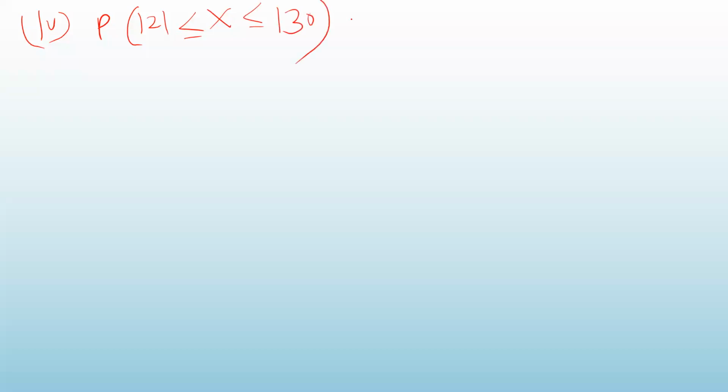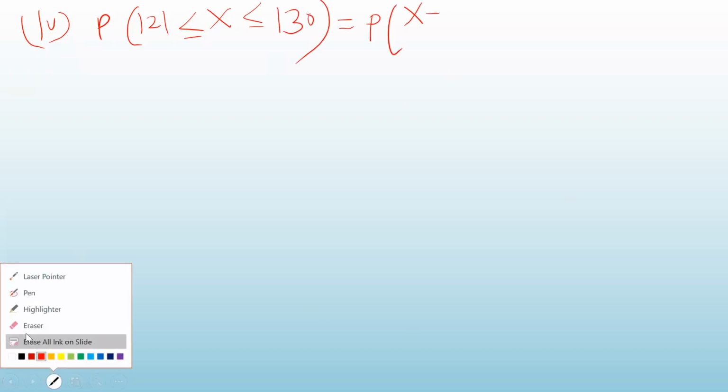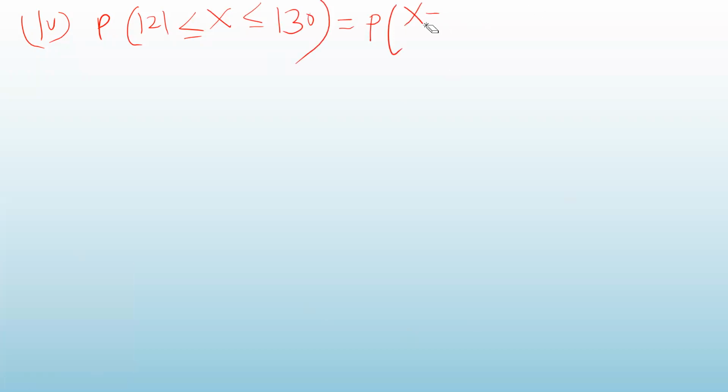Okay. So as usual, we are going to convert the X into Z. So it is (X minus mu) upon sigma, with 121 and 130 as the limits.